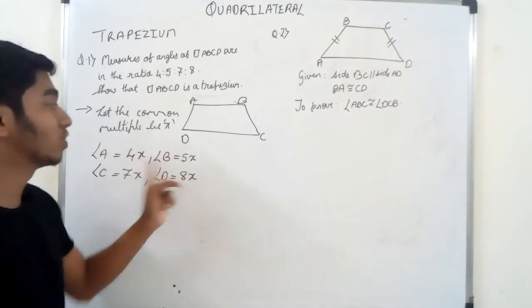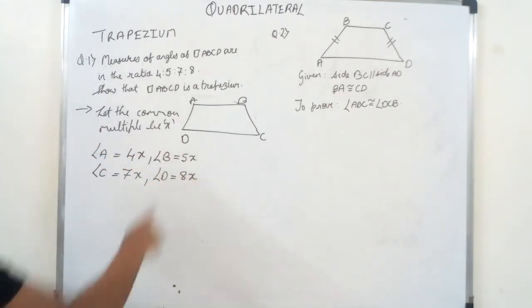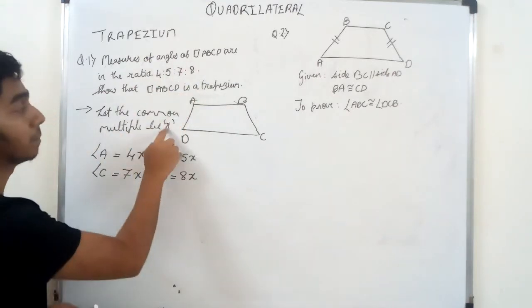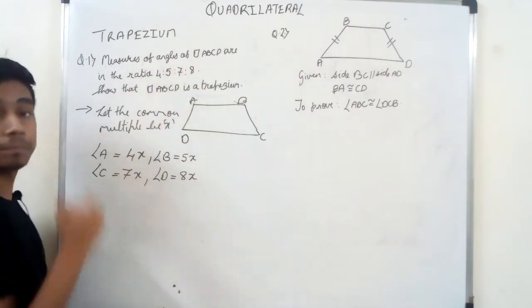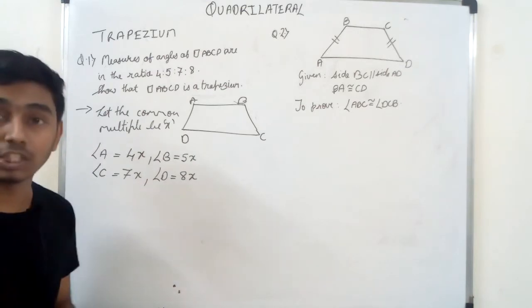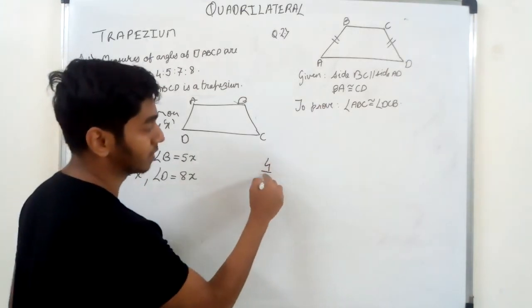So each of the angles we find using these ratios and we multiply the x with each of them. Because ratio means division.